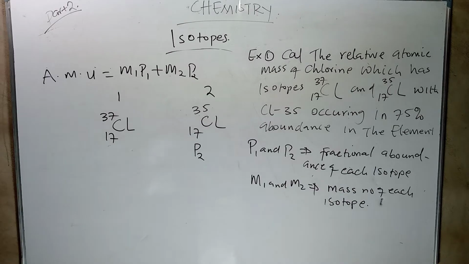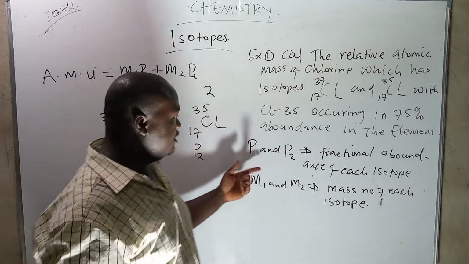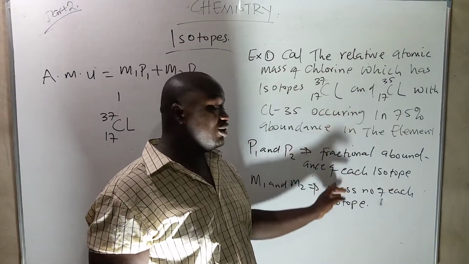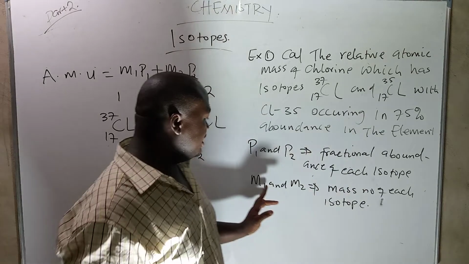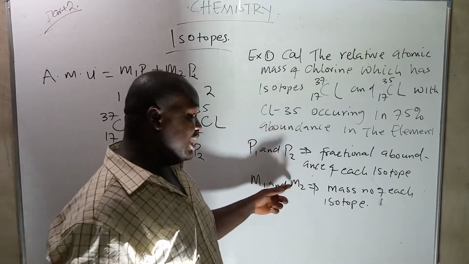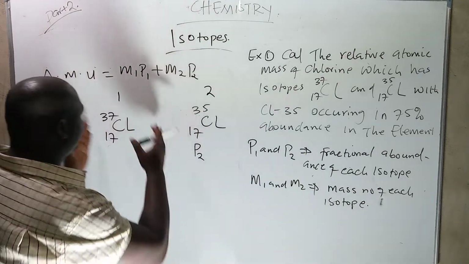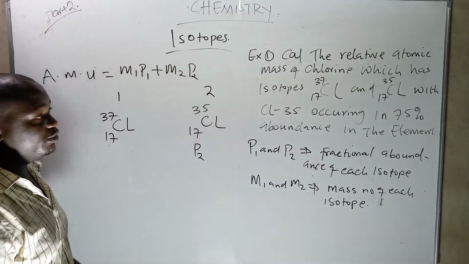Now, I wanted to write this down so that you can jot it down. P1 and P2 are the fractional abundances of each isotope, and M1 and M2 are the mass numbers of each isotope. That is why I put them in a table so that you are not confused.